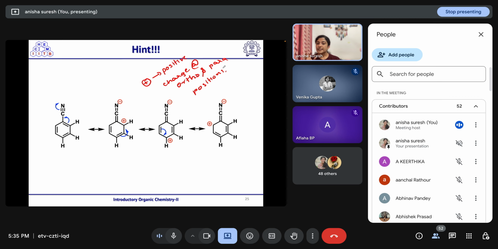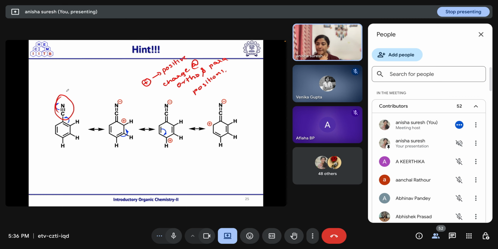So electron density will be lesser at the ortho position and the para position compared to the meta position, because of this resonance that is taking place as this electron withdrawing cyano group is present.